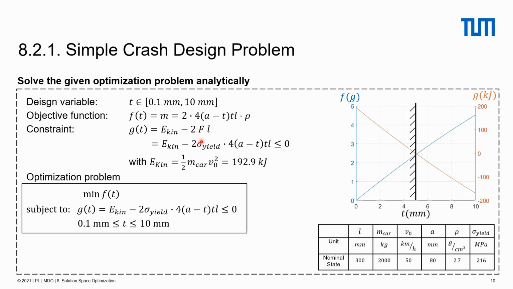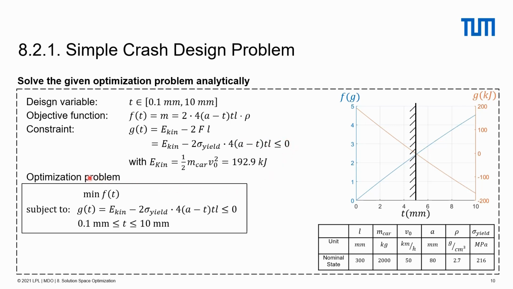It is sigma yield times 4 times A minus T times T, and with the 2 for 2 side bins and L for the length, we have in total that G of T equals E kin minus 2 times sigma yield times 4 times A minus T times T times L, less than or equal to 0.